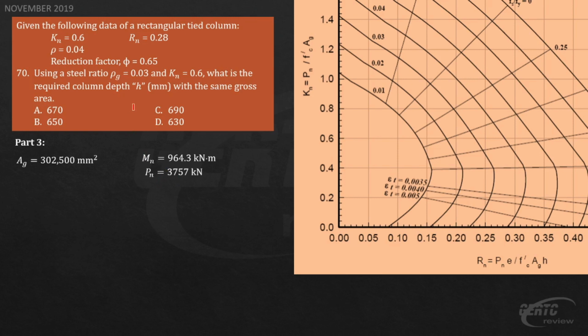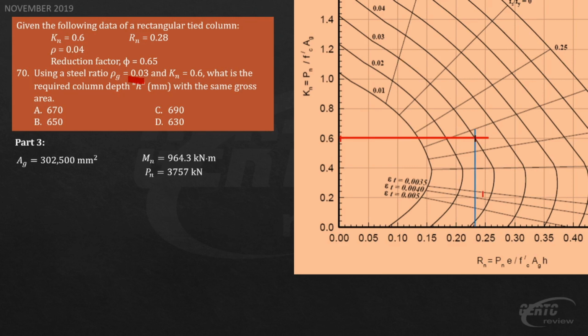So, our Kn is equal to 0.6. Binigay yung Kn pa rin. So, paano ito gawin? Given ang Kn as 0.6, so somewhere here, 0.6. Ayan. And then, the rho is 0.03. So, this point here, intersection.